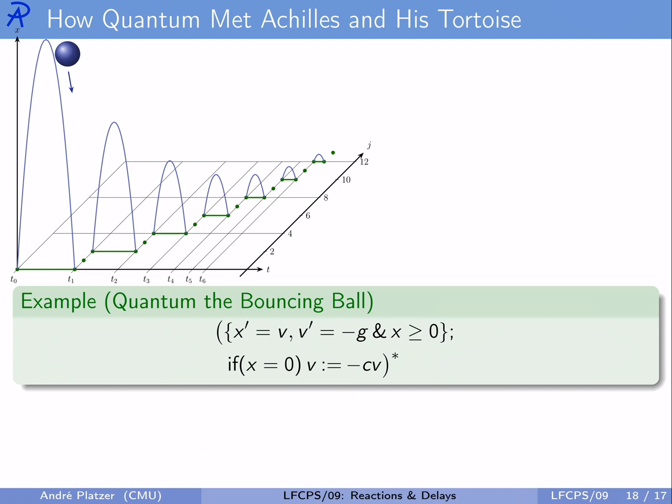Then on the ground, we run the discrete controller which says velocity is being inverted from negative to positive. We again follow the differential equation for some period of time. Then we run the control, since we're on the ground, invert the velocity and follow a differential equation for some period of time, and again, and again.